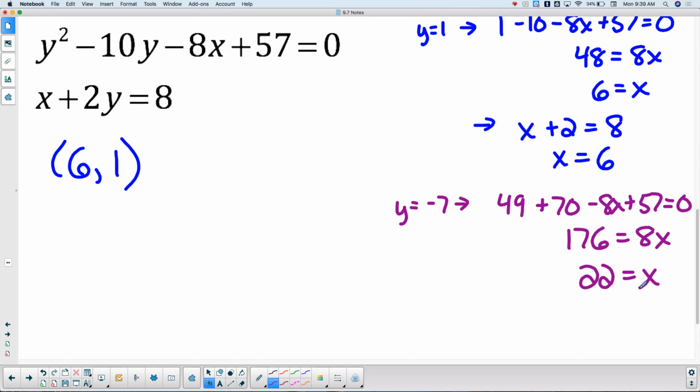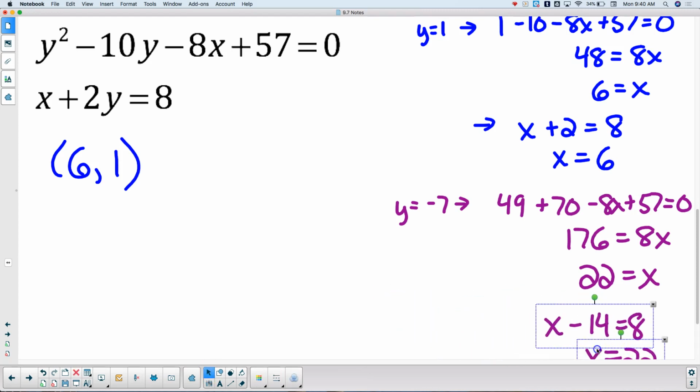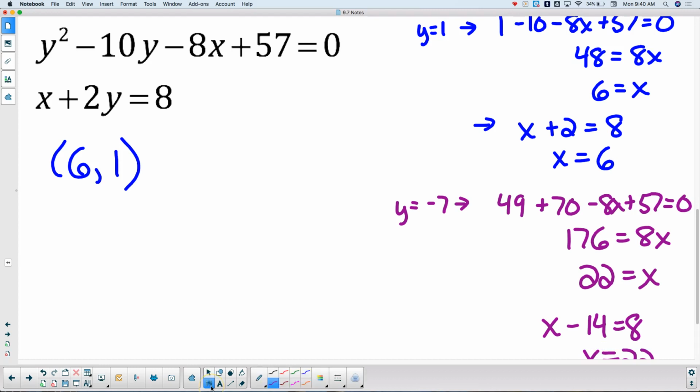And then check it in the other one too. So x minus 14 would be there, and then that would be 8. So then that would be x equals 22 also in there. So that gives me a potential point of 22, comma negative 7. Yes? Yeah? Yes, sir.